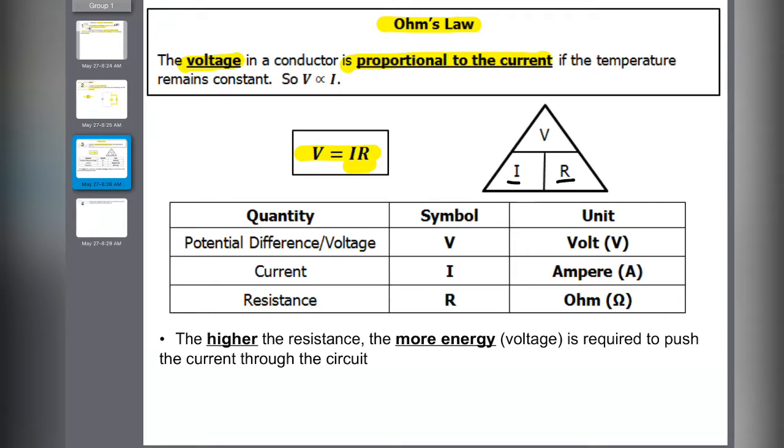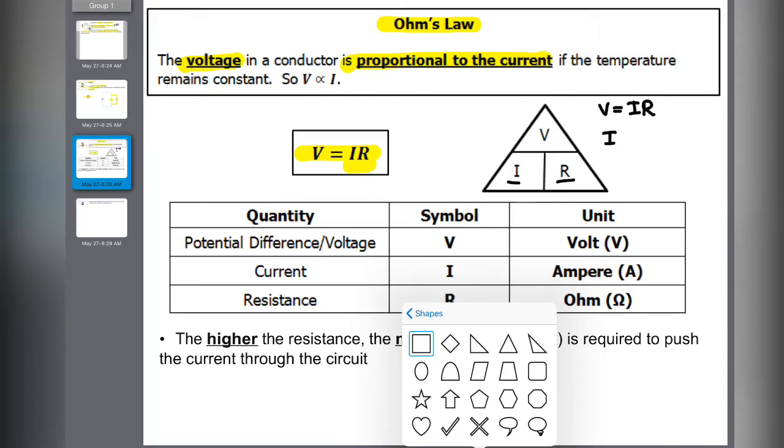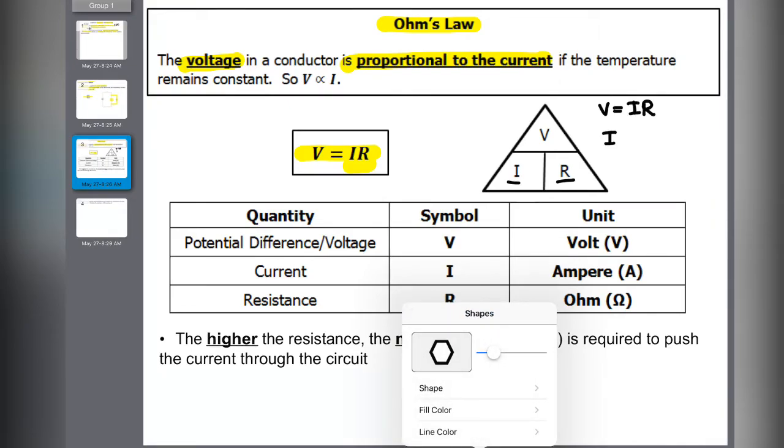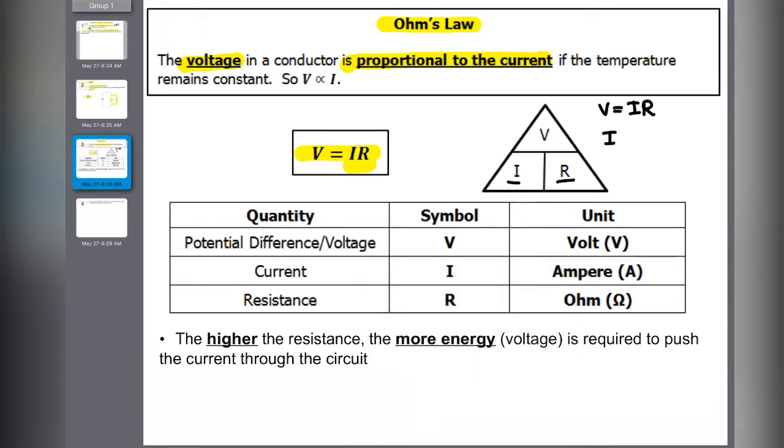So to rewrite this equation, we already have the first equation, V equals I times R. How about if I want to look for I? Remember, I'm going to go through the magic triangle with you again. Let's use a hexagon. What color? Turquoise. If I want to cover up the I, I see V at the top, R at the bottom.